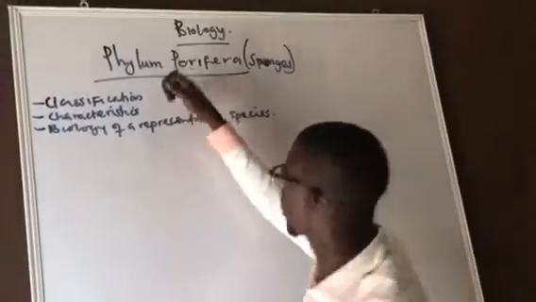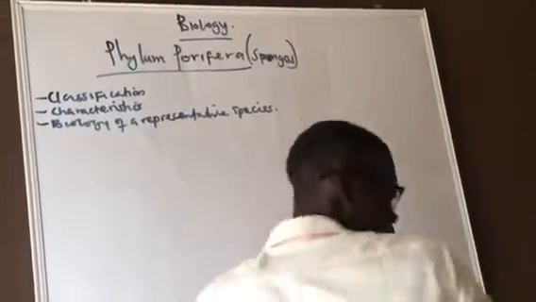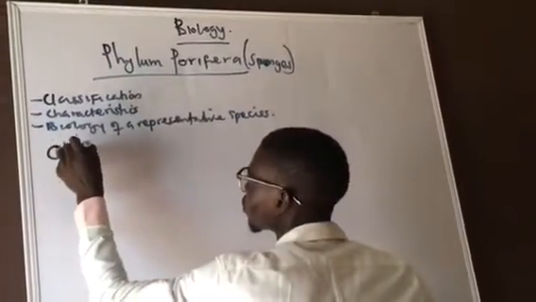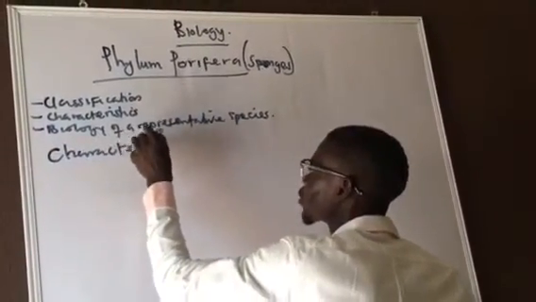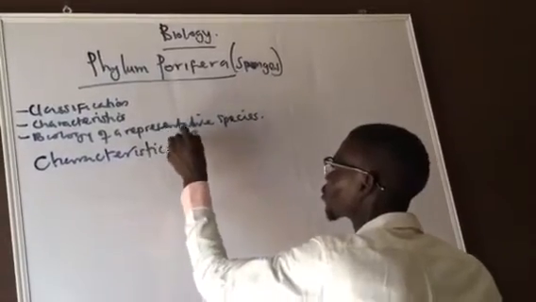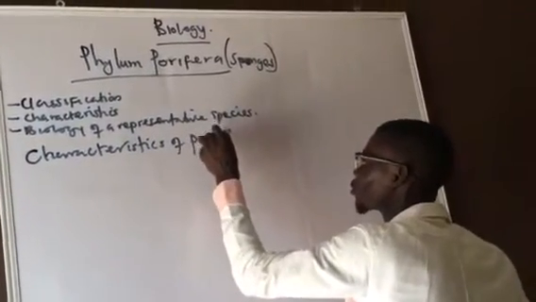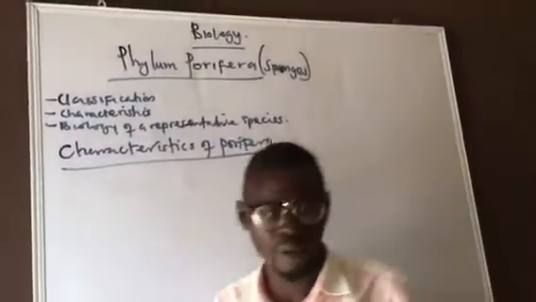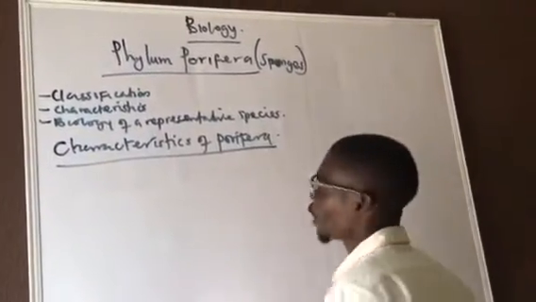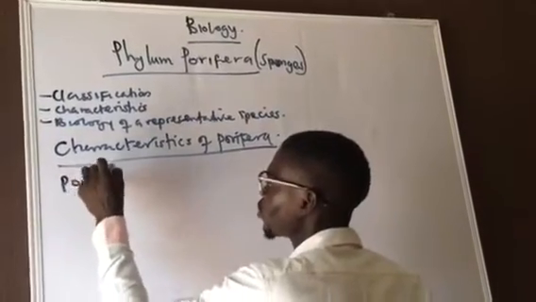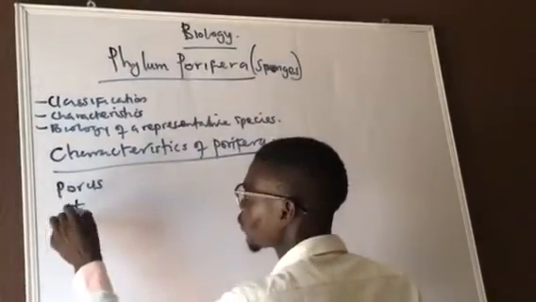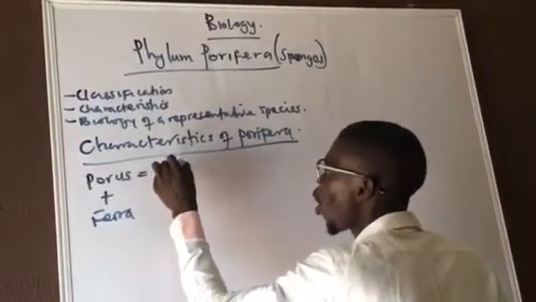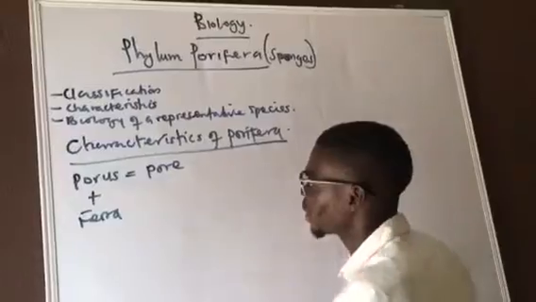So we are going to start from the class characteristics. Let's start from the characteristics of PORIFERA. When we talk about the general characteristics of PORIFERA, the name PORIFERA was derived from two Latin words, porous plus fera, where porous means pore, while fera means bearer.